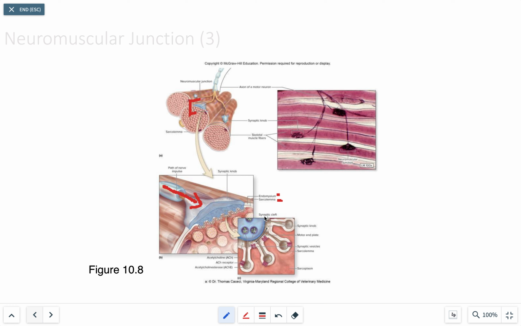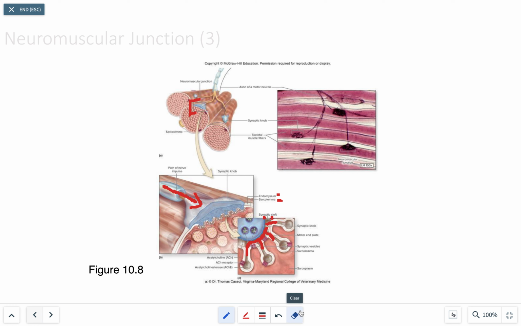The next region is this small region between the synaptic knob and the sarcolemma, which is called the synaptic cleft. This region separates the synaptic terminal of the neuron from the opposing sarcolemma surface. Within this, we see this region called a motor end plate. So this whole region here, including these areas that drop into the surface of the muscle fiber.